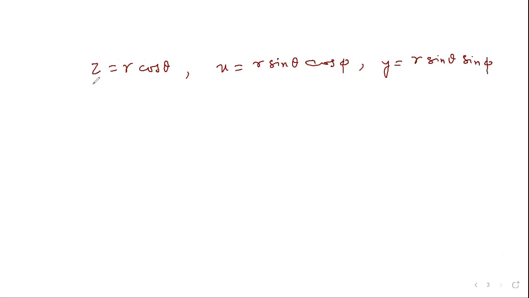I repeat, z is r cos theta, x is r sin theta cos phi, y is r sin theta sin phi. You can easily see that from the figure. You know the resolution of vectors. It is simple.